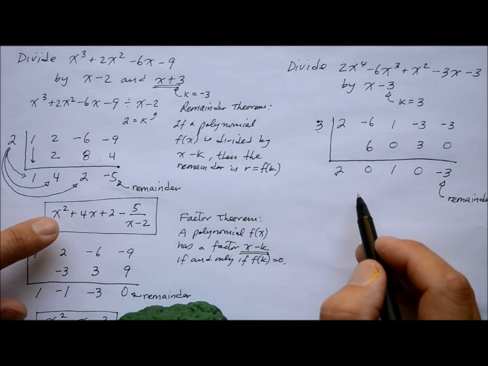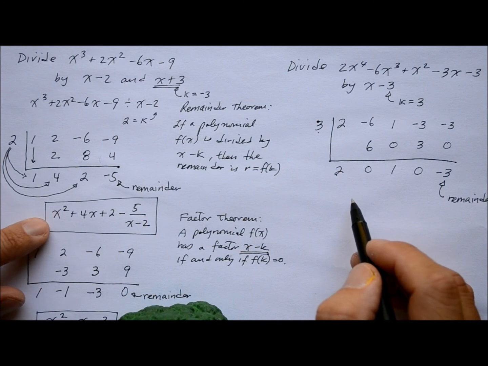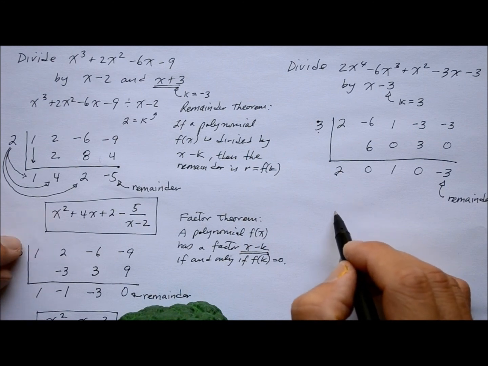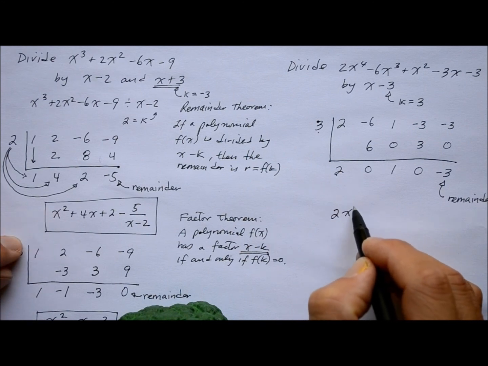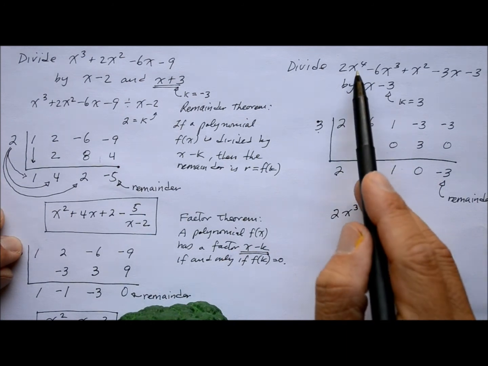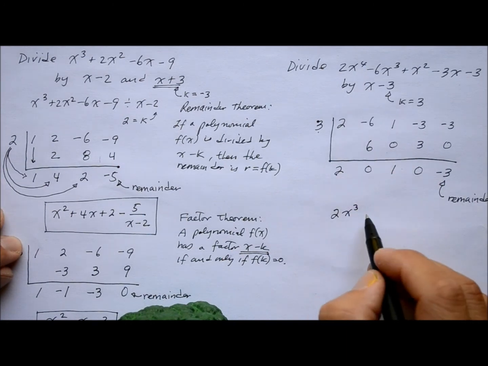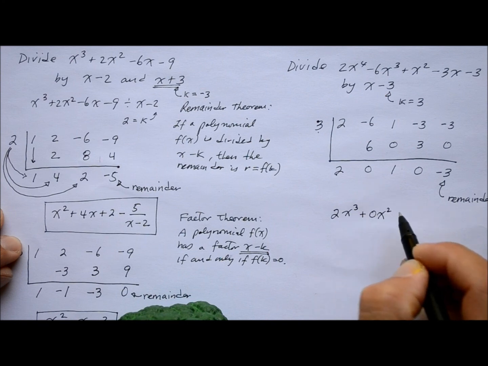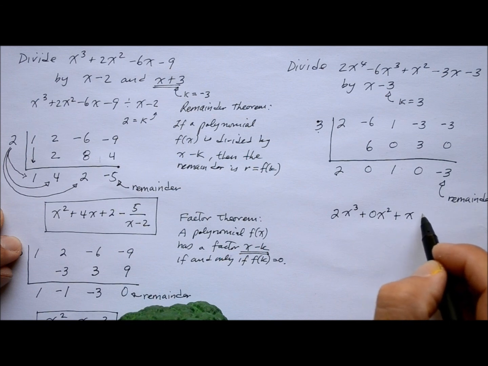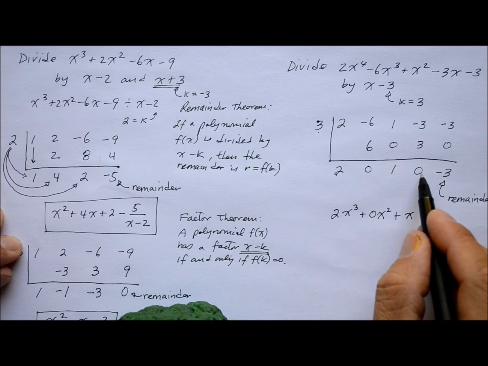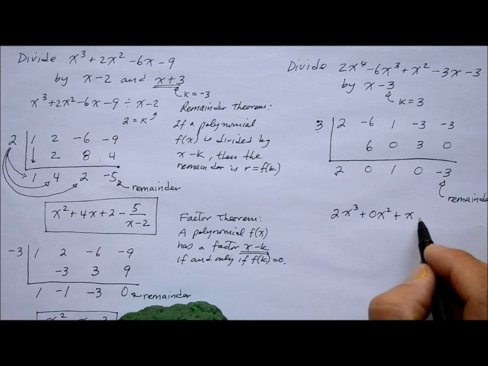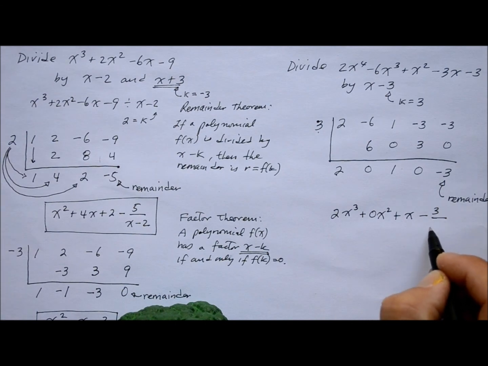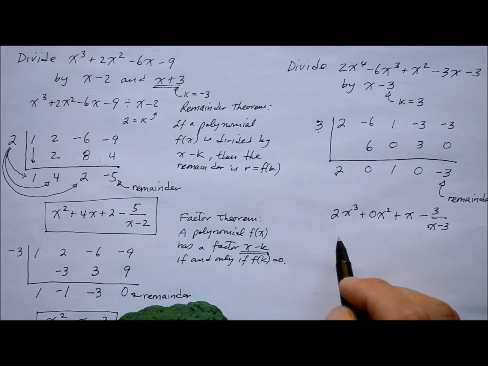So how do we write that answer? We're going to write it this way: 2x to the third, because the highest degree was a fourth, plus 0x squared, plus x, plus 0, minus 3 over x minus 3.